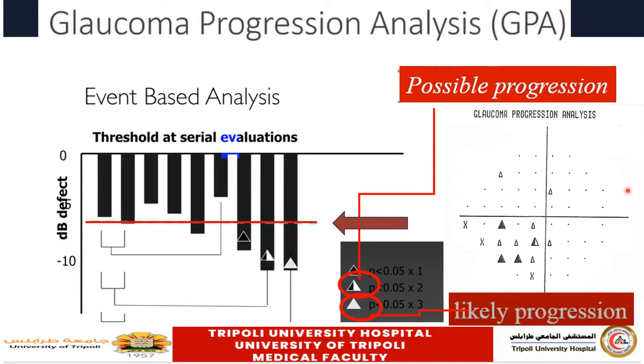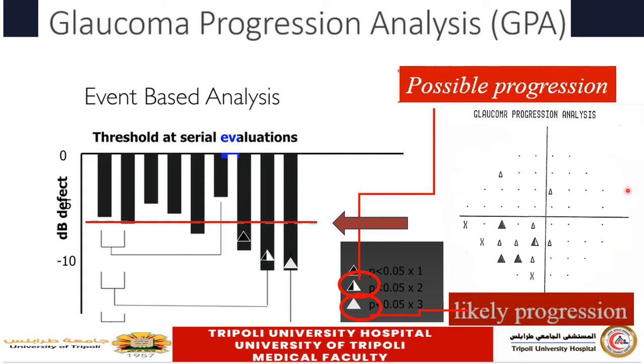So there is no gold standard definition for glaucoma progression, either structurally or functionally. Based on this, special software and statistical analysis were incorporated in the Humphrey visual field to help clinicians determine on solid ground whether there is a real progression or an unreal progression.